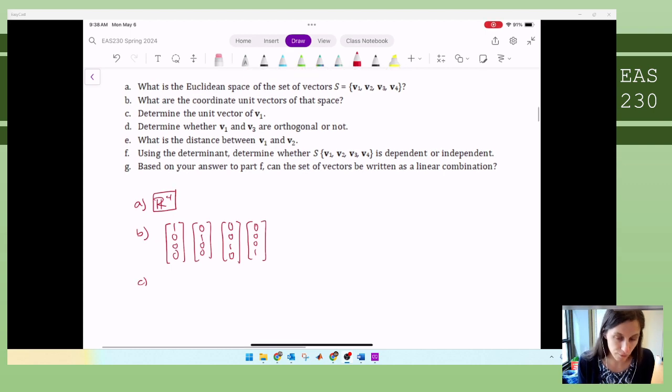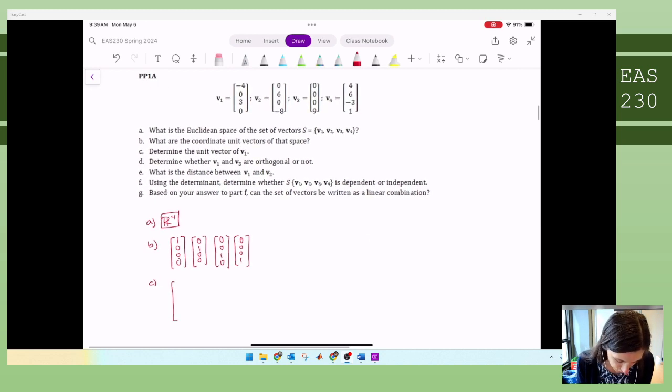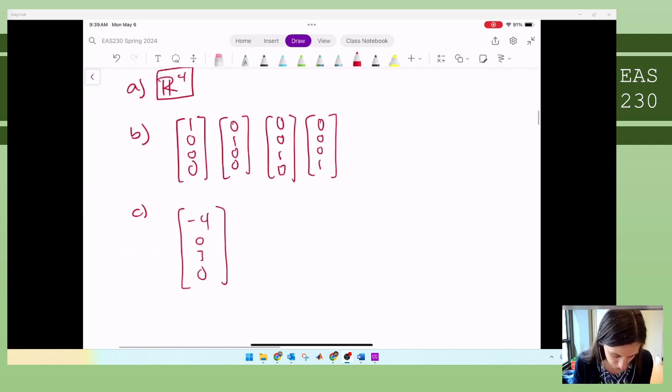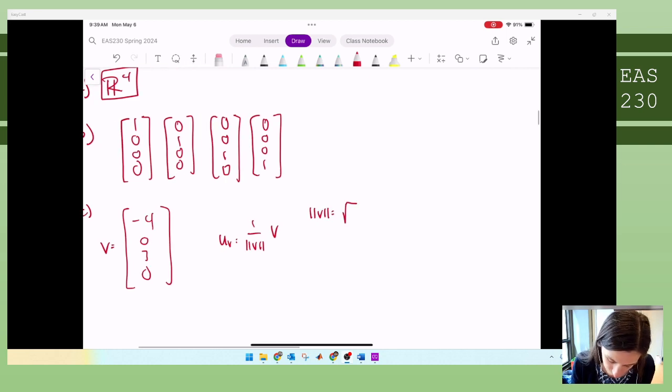Determine the unit vector of V1. So V1 looks like this. The unit vector V is 1 over the norm of V times V. So I need to find the norm of V, which equals the square root of all the elements squared.